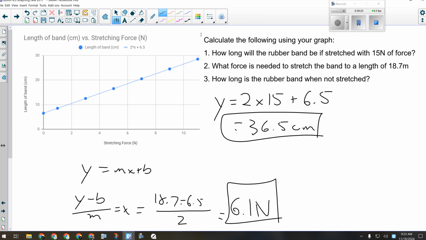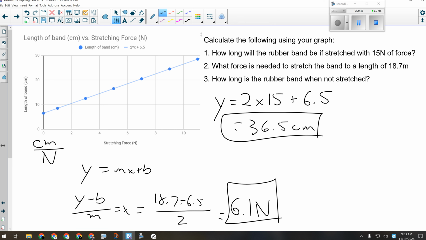Half a newton per centimeter. How'd you figure that out? Well, because the length of band goes up 2 for every newton that you stretch it, meaning if you stretch it 1, it'll go up 2, so to make it stretch 1, you need half.